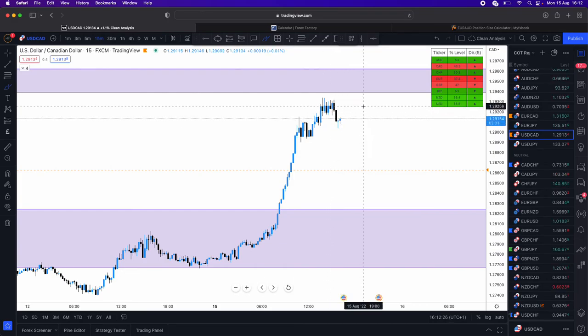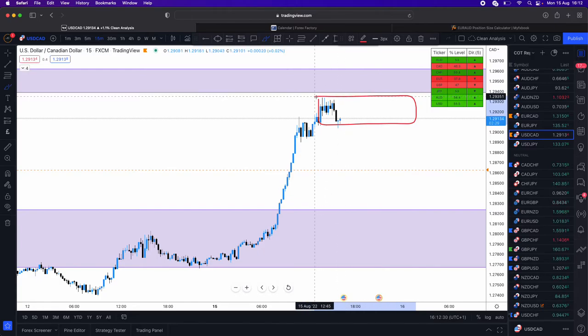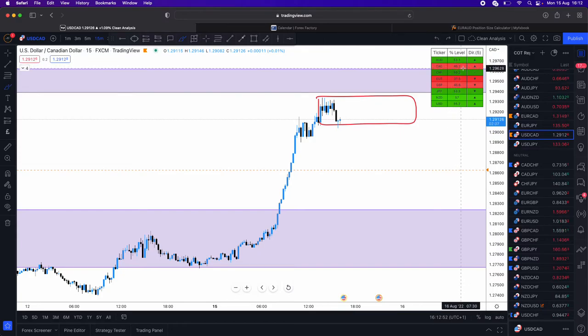But what could also happen, and we talked about this the other week, is you could get distribution. So here we had CAD at like 30. So again, I'm expecting, okay, CAD's at 30, which means at some point you expect that it could just gain a bit of strength to give us this little bit of a sell down on USD CAD. But what could happen is price could just, you see how it started to get to a more even middle ground level.